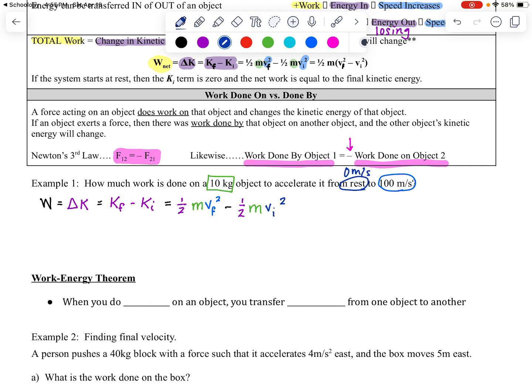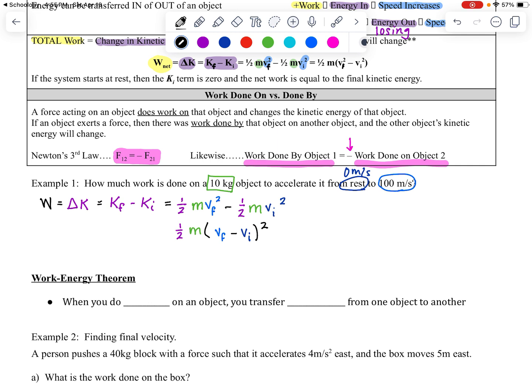So the only thing that's really changing is the velocity, right? Your mass can't change. So what we're going to do is take 1/2 times the mass, and then in parentheses, V final minus V initial, and we're going to square that, okay?